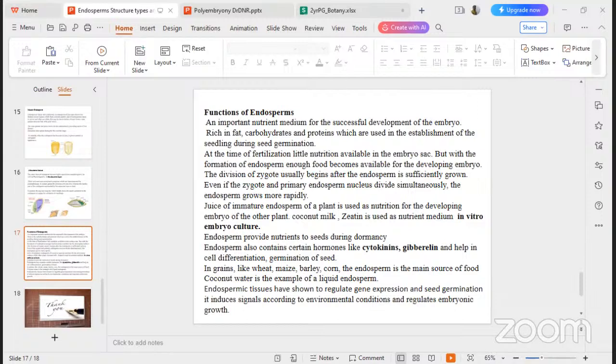These all are very much useful in seedling and seed development or embryo formation.